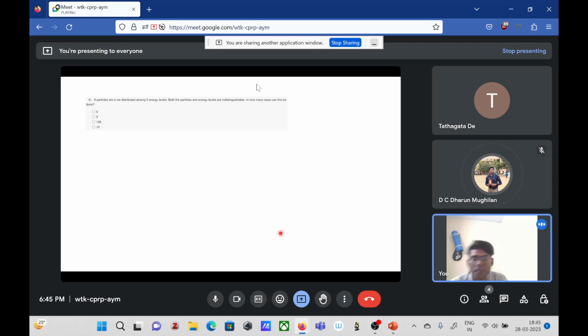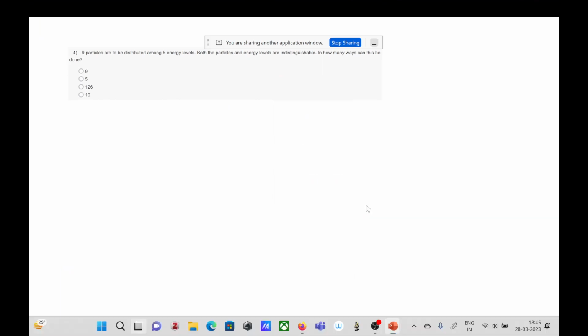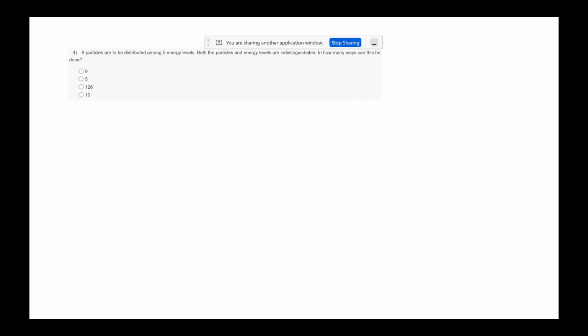Okay, let me try it. So here in boson statistics, the formula is: if there are n particles and g energy levels, then that can be distributed in (n plus g minus 1) factorial divided by n factorial times (g minus 1) factorial ways.